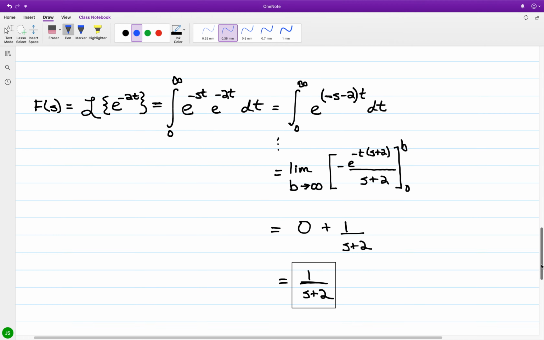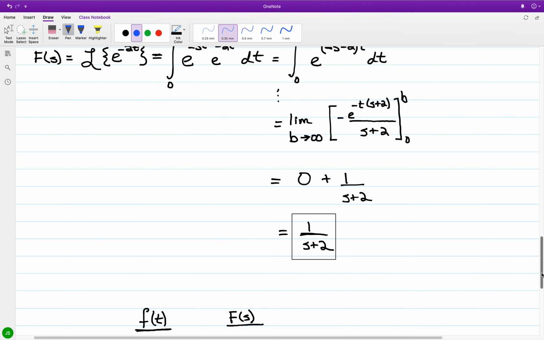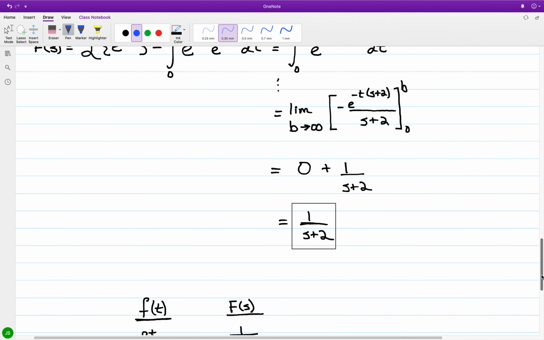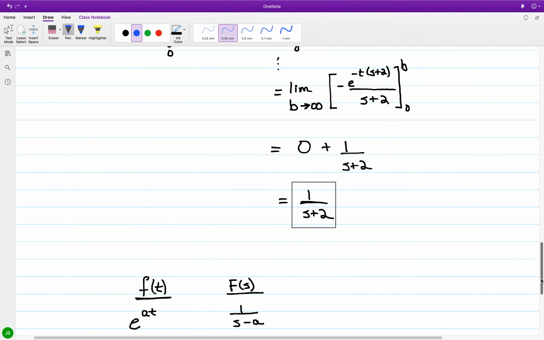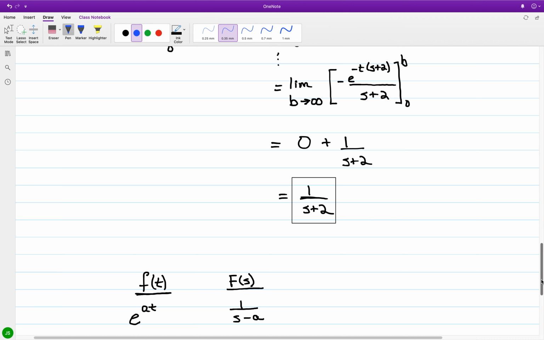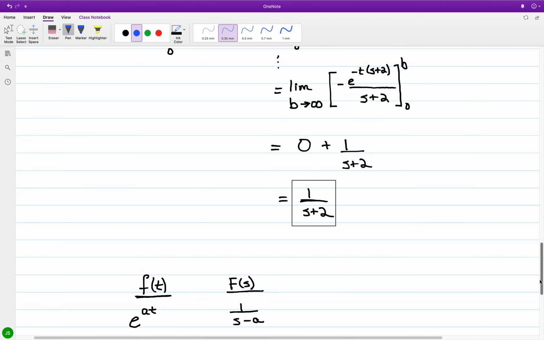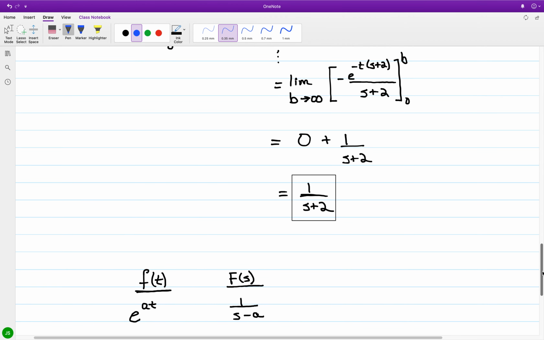And now just a little bit of a summary of what you have, say from the Laplace transform table. Anytime you have e raised to an integer power in the variable t, we have e to the at, where a is an integer. So e to the at is going to have a Laplace transform of the reciprocal of s minus a.